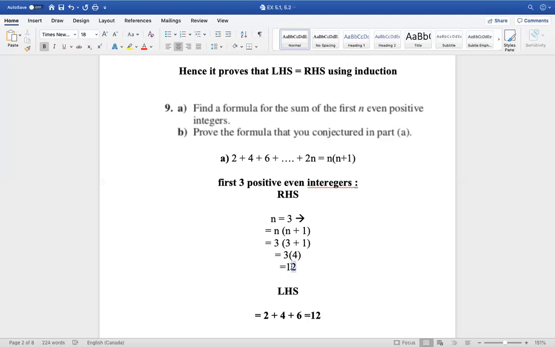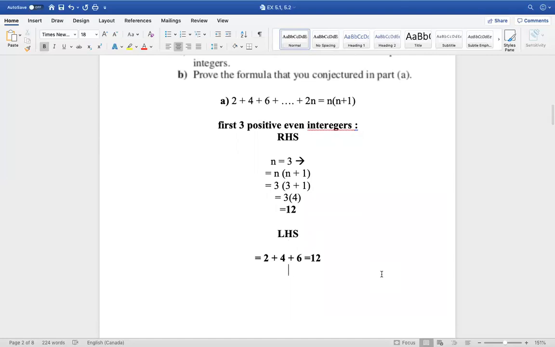So we know that this number here is this number here, so we also prove this, right? But the proof is coming later on in part B. So let's move into part B and prove this using induction.